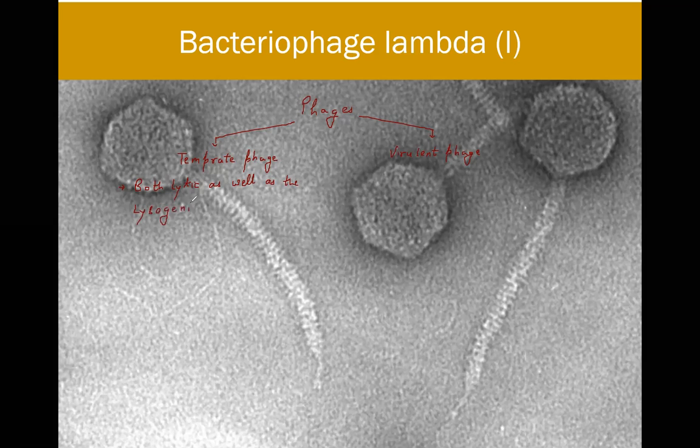Whereas the virulent phage has an ability to perform the lytic cycle only.